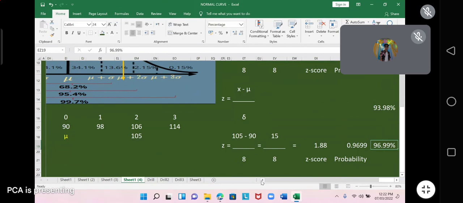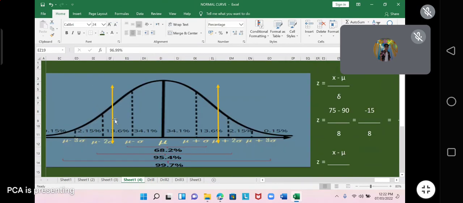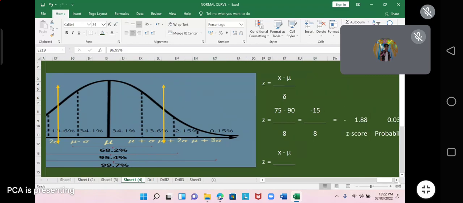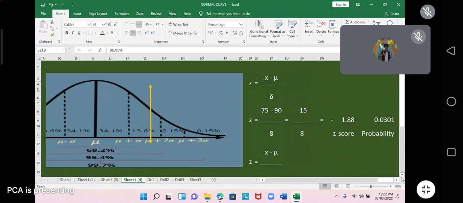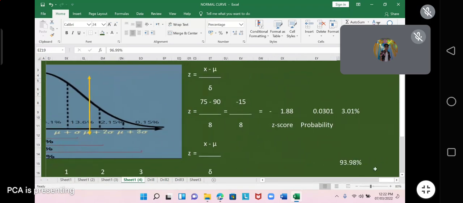But I don't need the whole area, no? Why? Because I need this boundary to boundary. But this area should be actually deducted, no? You don't need this area, that's why you deduct that area. But what is that area, no? Percentage. Z table is telling us it's 3.01. There, no? So you deduct this area, 3.01.